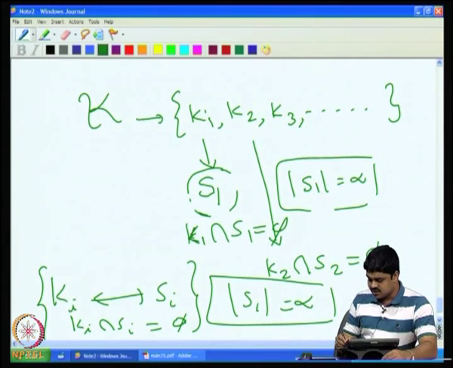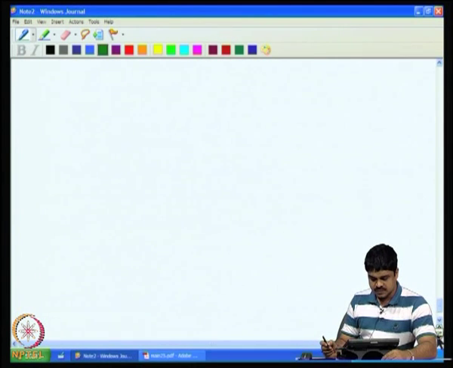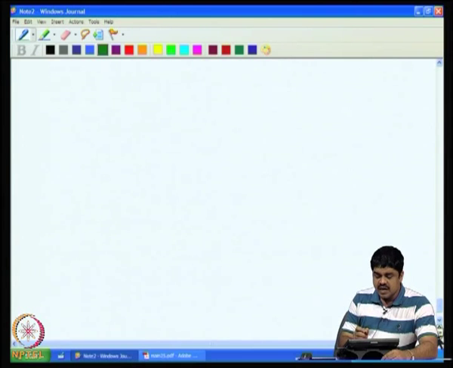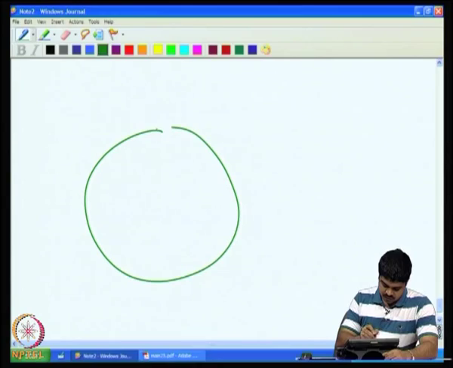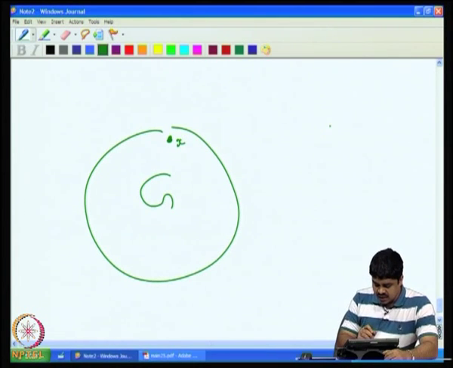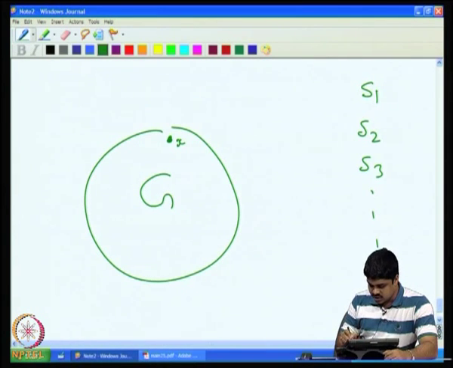What is the contradiction? What we are going to do is take any vertex x of G. Now, we will see in how many of these Si's it appears, S1, S2, S3, corresponding to each clique, K1 corresponding to S1, K2, and so on.